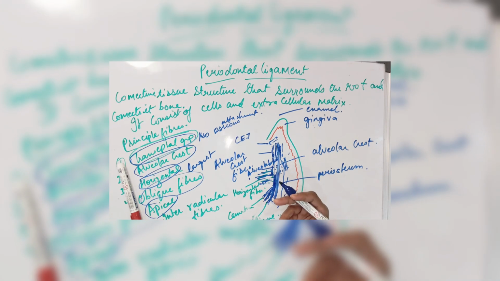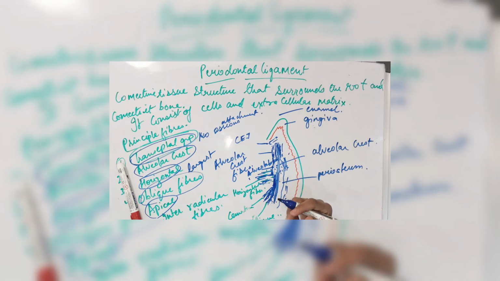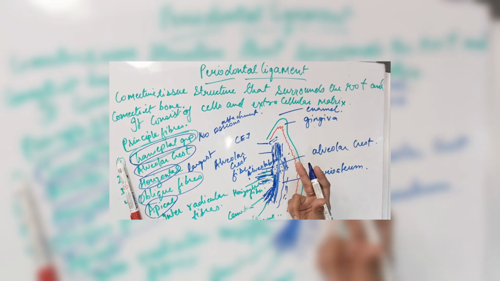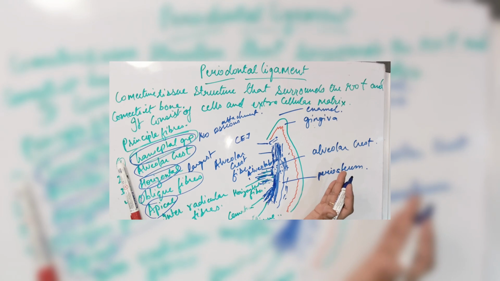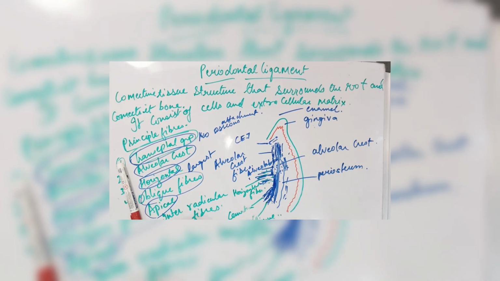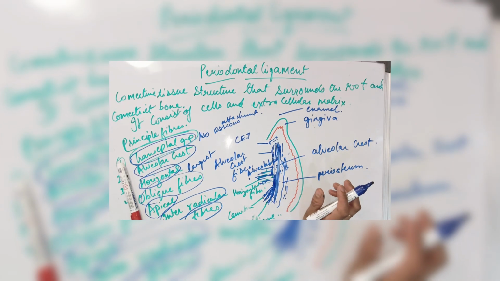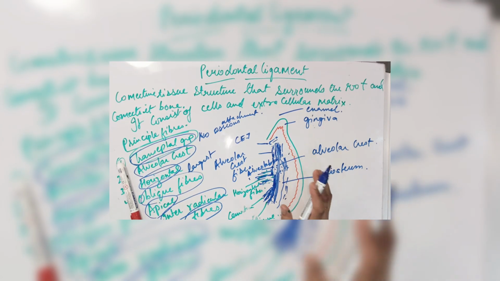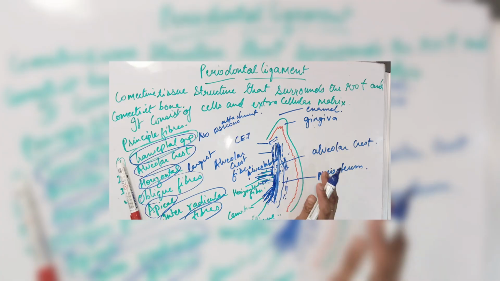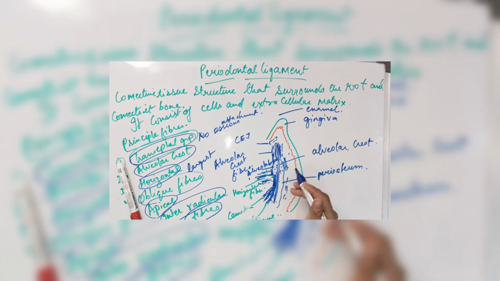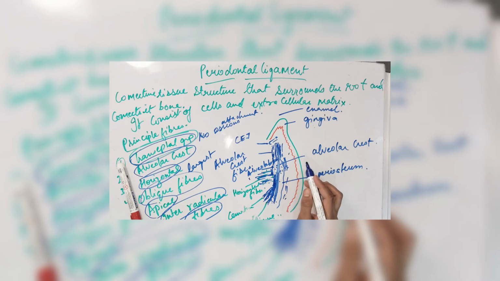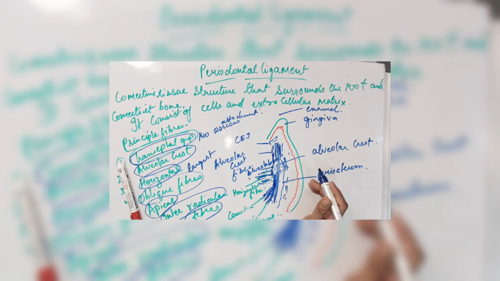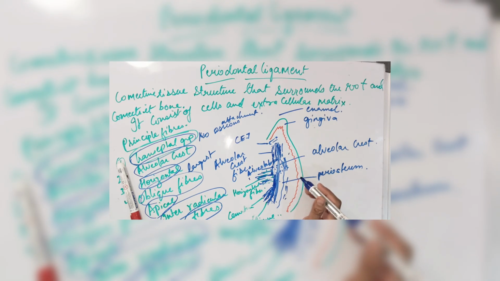Main function is to prevent tooth tipping and luxation, and protects blood, lymph and nerve supply. Next, the last one is interradicular fibers. They extend from the cementum of bifurcation areas into the furcal bone. It resists luxation, also tipping and torquing.